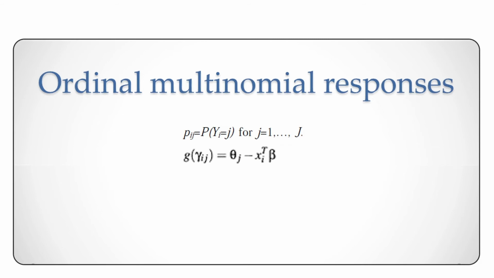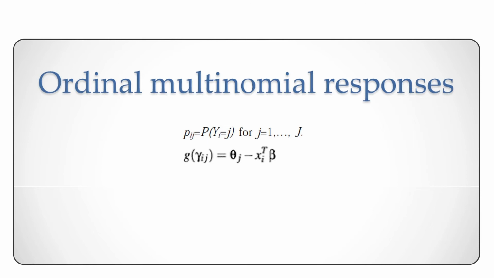We define the link function g of gamma ij equal to theta j minus xi prime beta. Note that the link function is not applied to the Pij's but rather to gamma ij's. The gamma ij's now represent the cumulative probabilities.